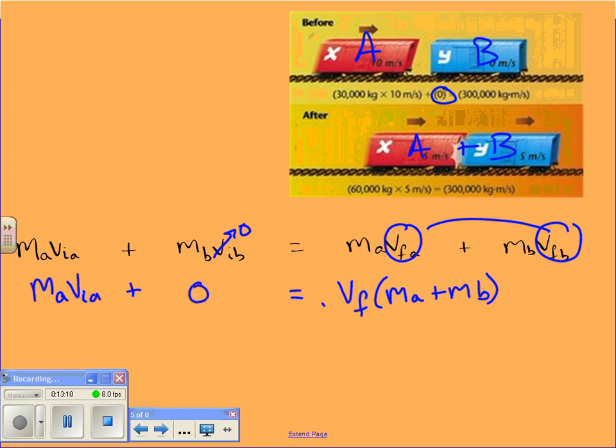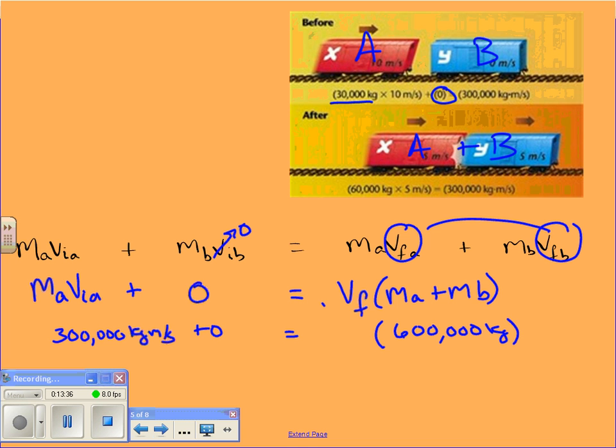Okay, so let's see what we have here. We're going to take a mass of A, 30,000 kilograms, and multiply it by 10 meters per second to get its momentum. That's 300,000 kilogram meters per second, plus the 0 momentum of car B initially. Afterwards, what's going to happen? Both of these things together, since they're both the same mass, will have 60,000 kilograms of mass.